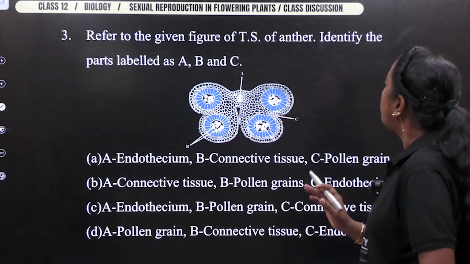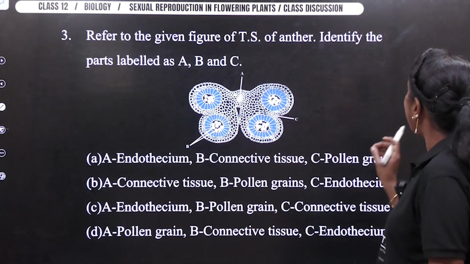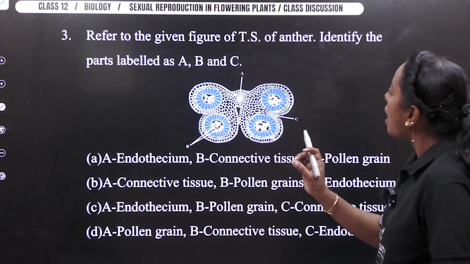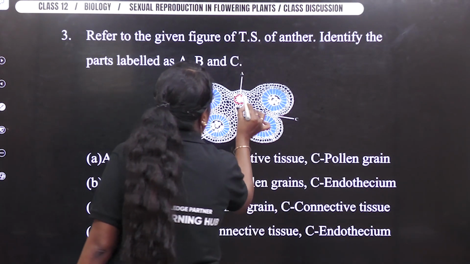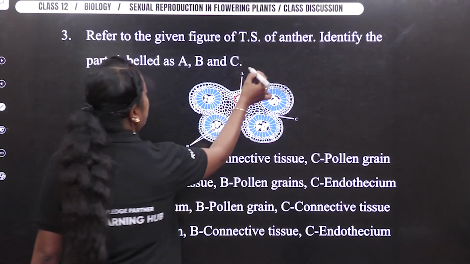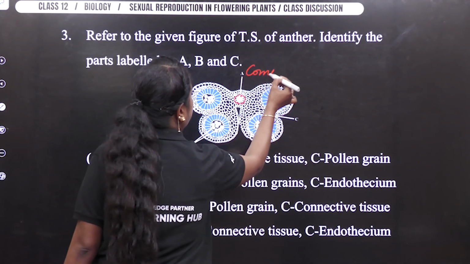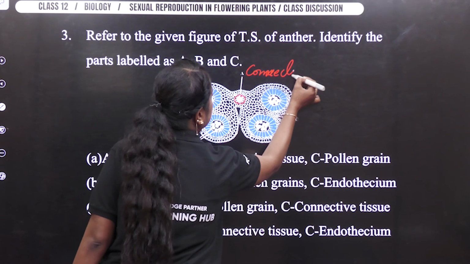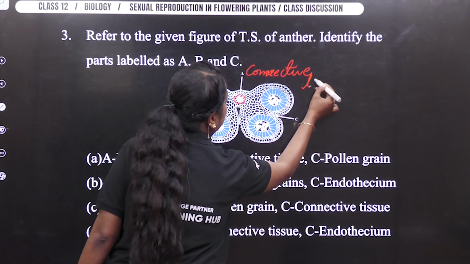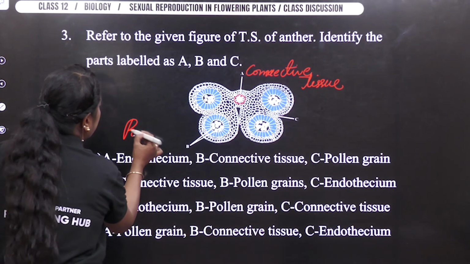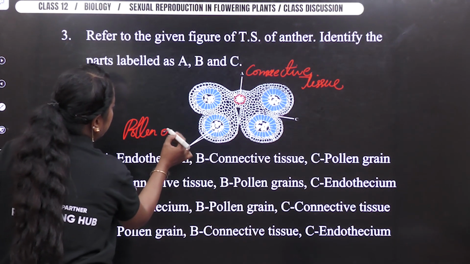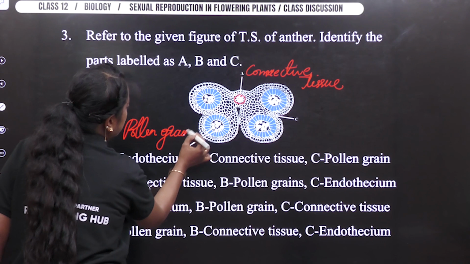Next. Refer to the given picture, which is a cross section of an anther. Identify the parts labeled as A, B and C. So this center part A represents what? Connective tissue. Okay, so connective tissue. Definitely B is going to be pollen grains.